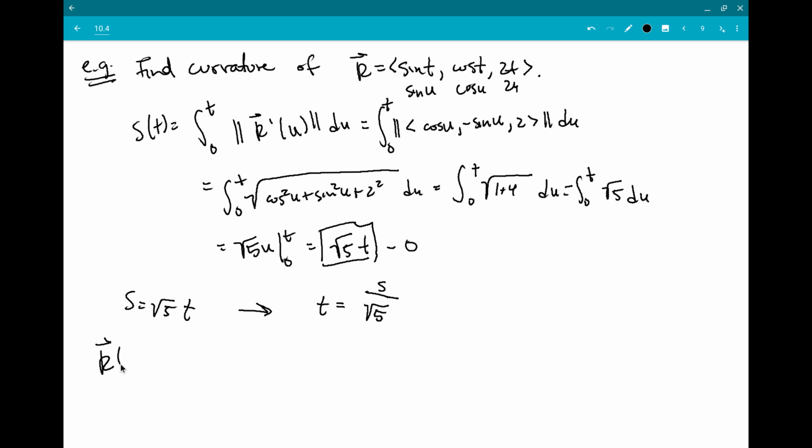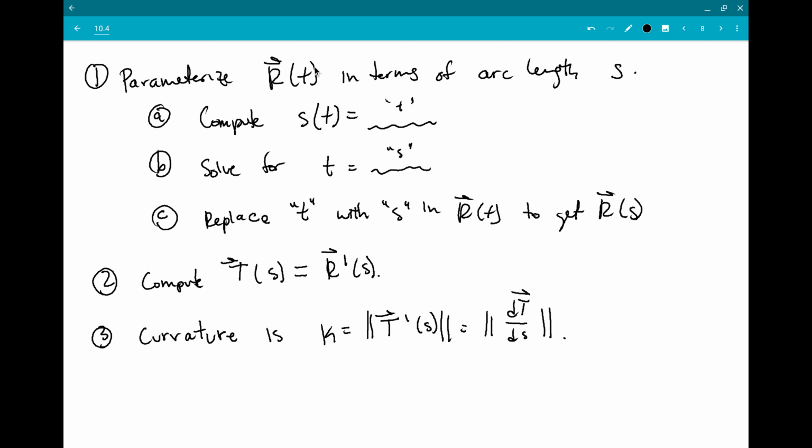My r of s is going to be where I take all my t's and replace them with something that depends on s. So it's sine of s over root 5, cosine of s over root 5, 2 times s over root 5. Now I've done that first step, parameterizing r of t in terms of s.